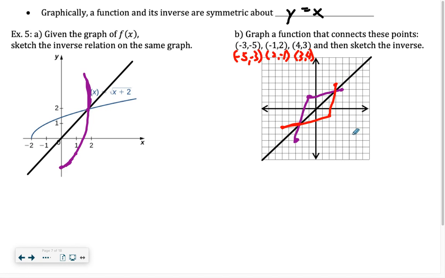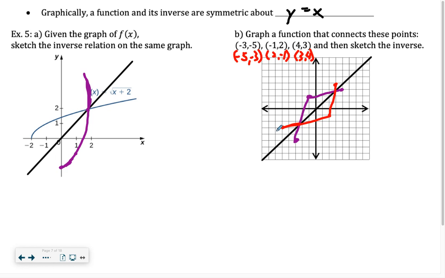Right? So here is my inverse. A couple of things to notice to make sure that you're sketching your inverse correctly. Wherever our original function crosses the line y equals x, our inverse should also cross the line y equals x at that point.